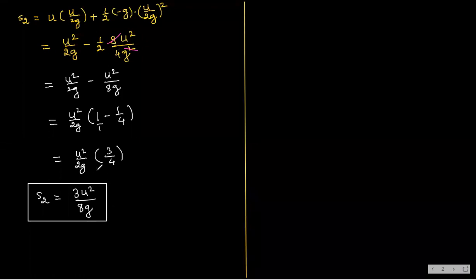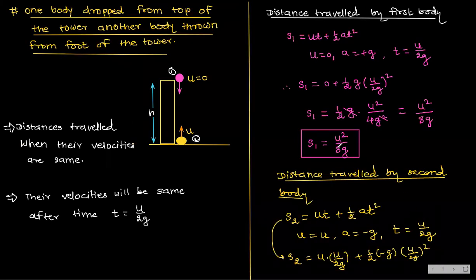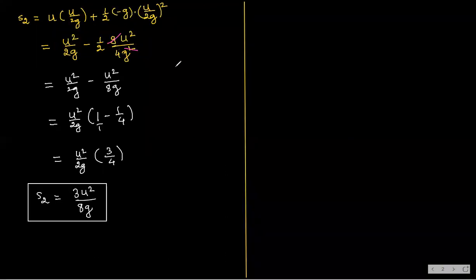So when first body is dropped, the distance is u square by 8g, when their velocities are same, we can say. And S2, that is 3u square by 8g. Okay, understood?